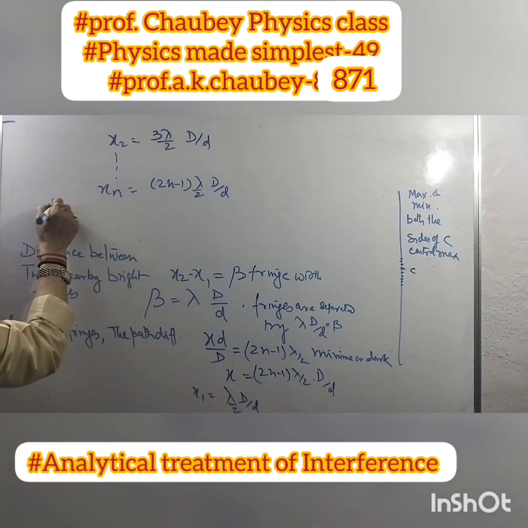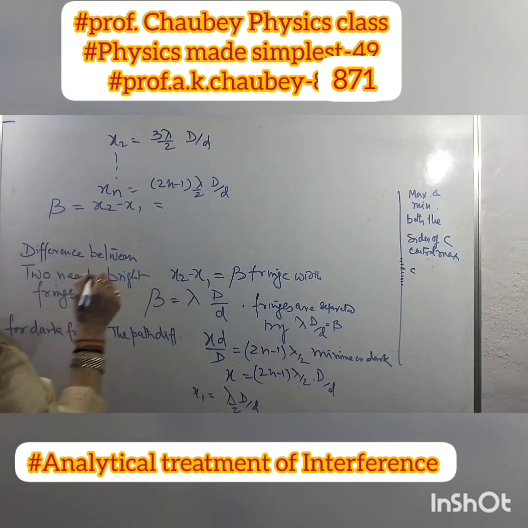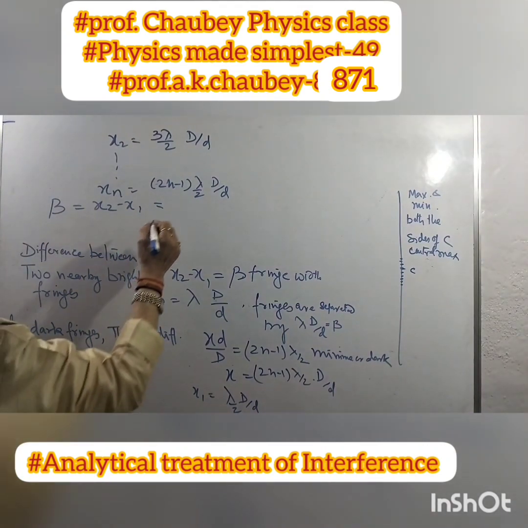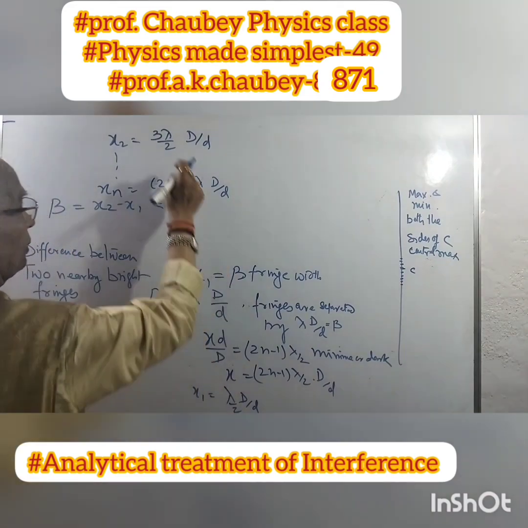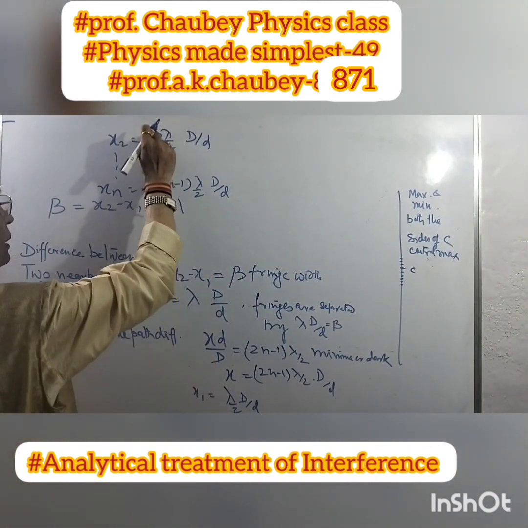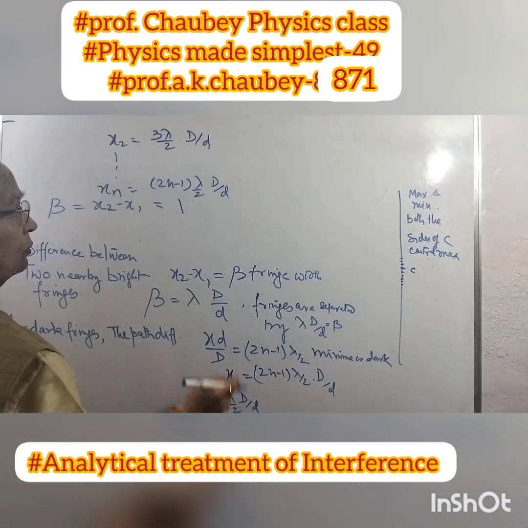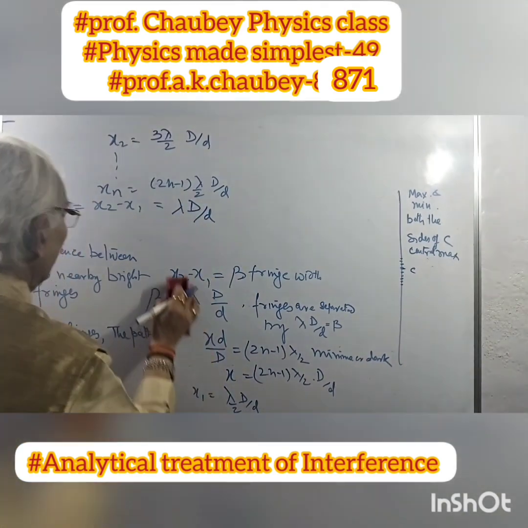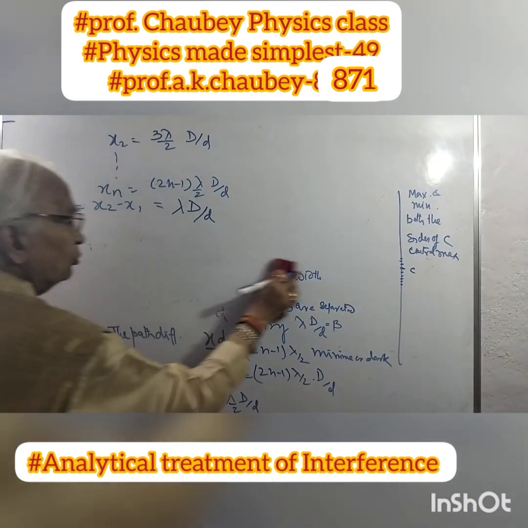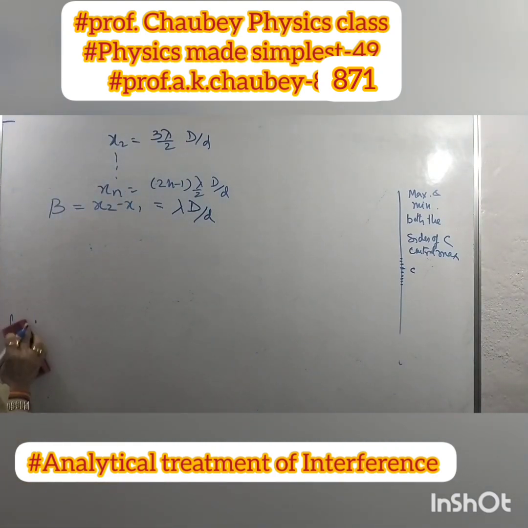So beta is equal to x2 minus x1, 3 lambda by 2 minus lambda by 2. So 2 lambda by 2, the 2s cancel, so lambda D over d. So what do we get for the fringe width? For the dark fringe also, the difference is the same, beta is the same for both.